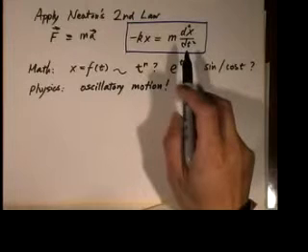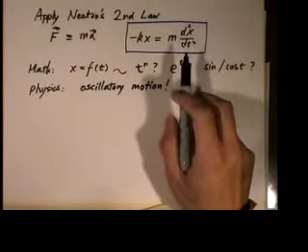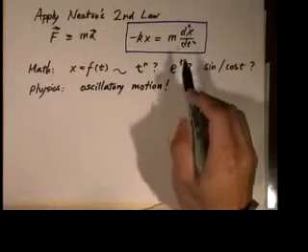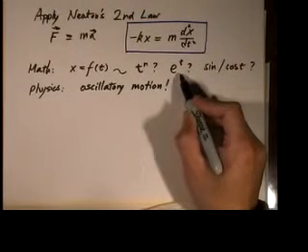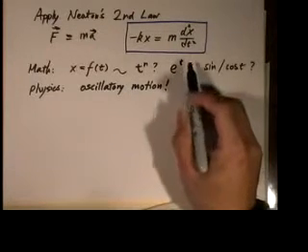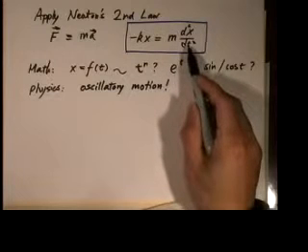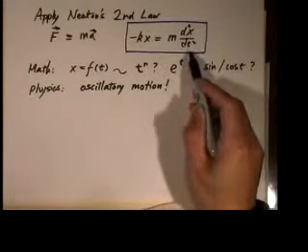Okay, what kind of function behaves in such a way that when you take derivative it goes back to itself? Well, obviously, the exponential function comes to mind, e to the power t. Now, does the exponential function work? Well, unfortunately, it doesn't, because when you take an exponential function, you take two derivatives, you don't get this negative sign, do you?